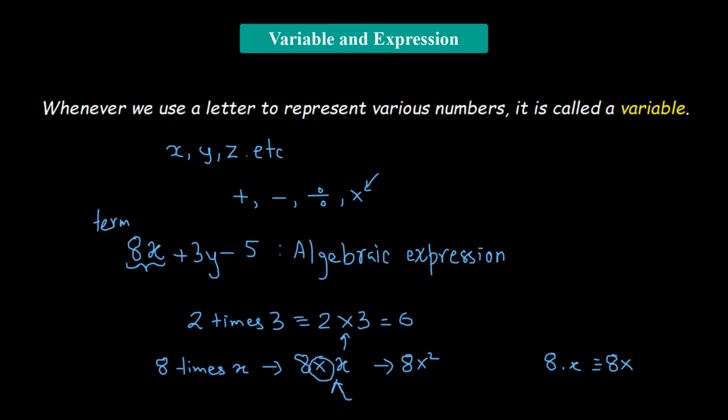It means the same thing, 8 times x, and that's exactly what I have done while writing the algebraic expression, 8x. So here, this is the product of 8 with x. Similarly, the second term in the algebraic expression is 3y, which is the product of 3 and y, which is 3 times y.